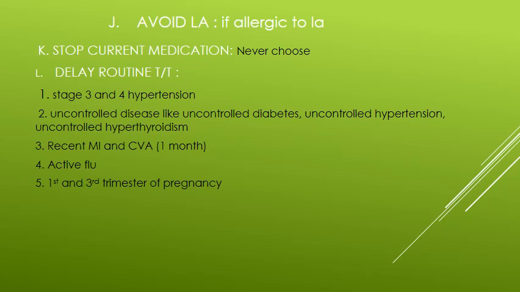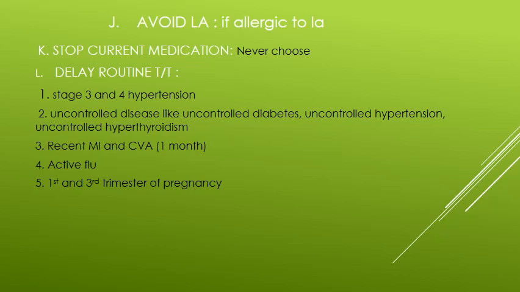Delay routine treatment. Now, when will we delay routine treatment? When the patient is in stage 3 and stage 4 of hypertension, we will delay routine treatment. We will defer the elective treatment.